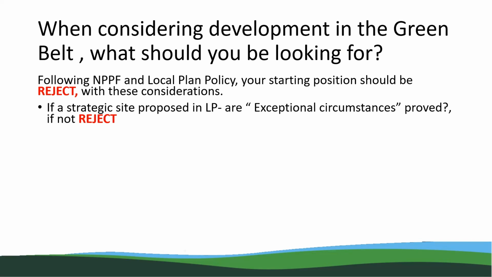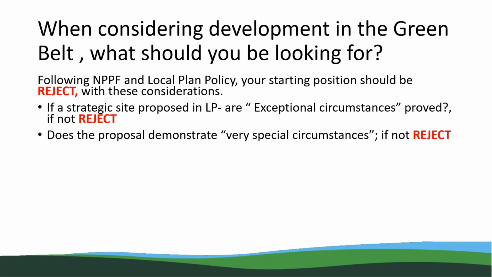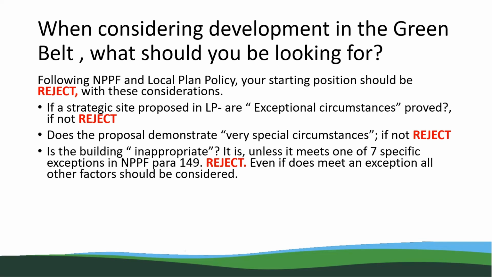If they're not, it should be rejected. Does the proposal demonstrate very special circumstances? If not, reject. Is the building inappropriate? It is inappropriate unless it meets one of the 7 specific exceptions.